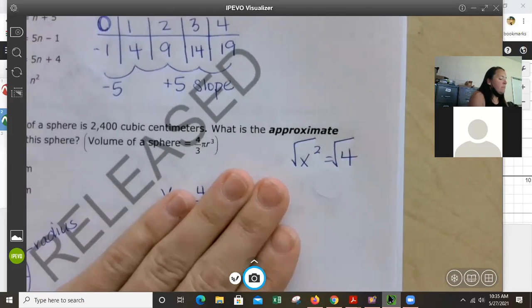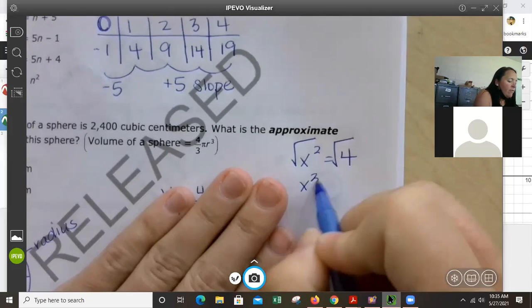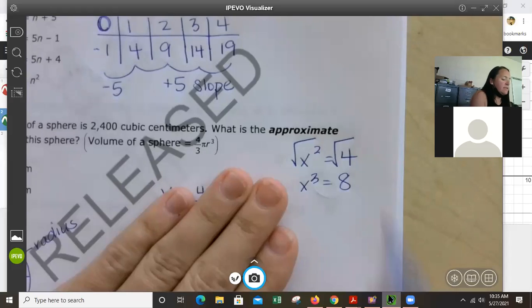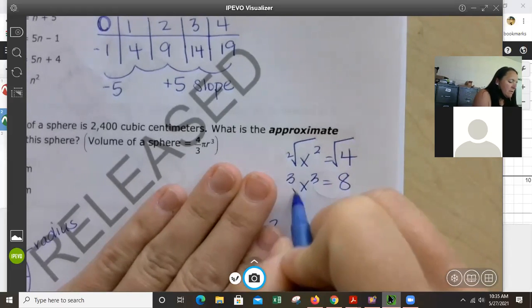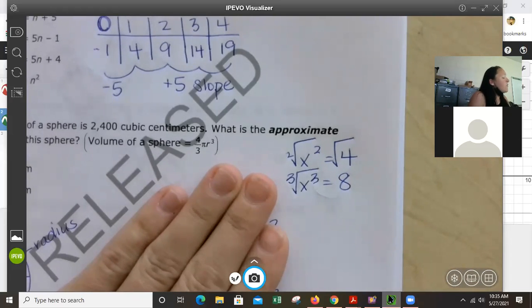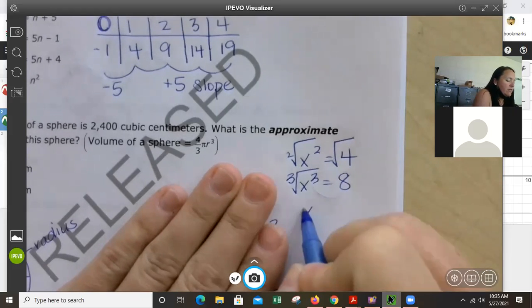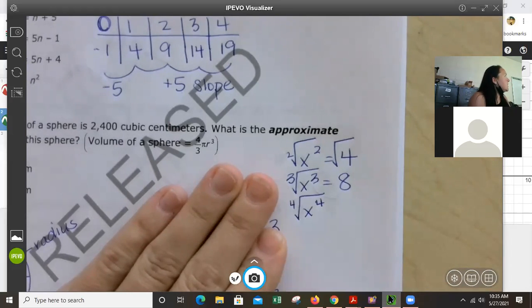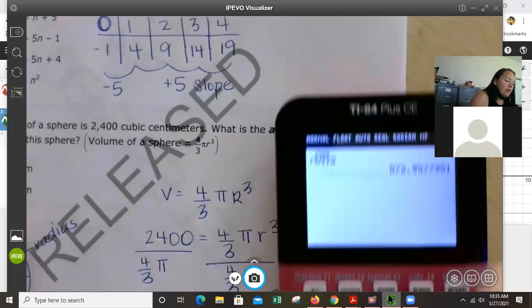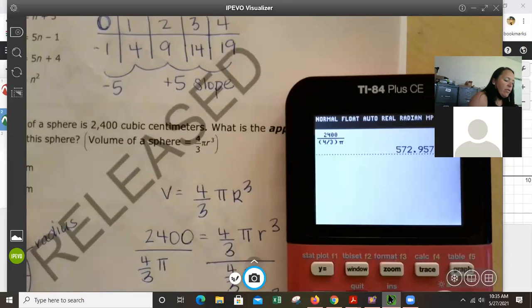Okay, so we would square root. If we had this x cubed, this means square root. This means cube root. So whatever your root is here, that's what you're going to do. So if they're x to the 4th, you would do the 4th root. Does that make sense?